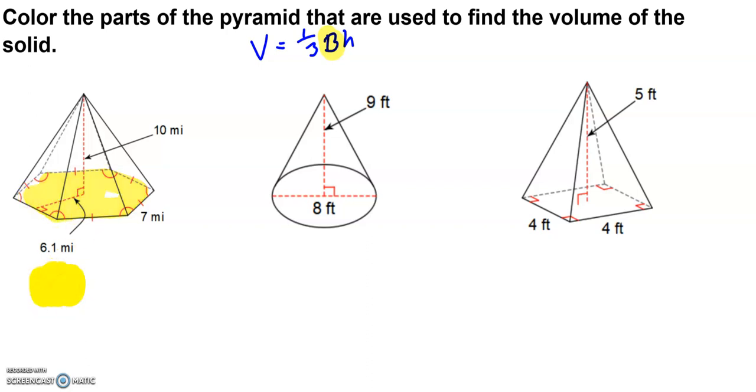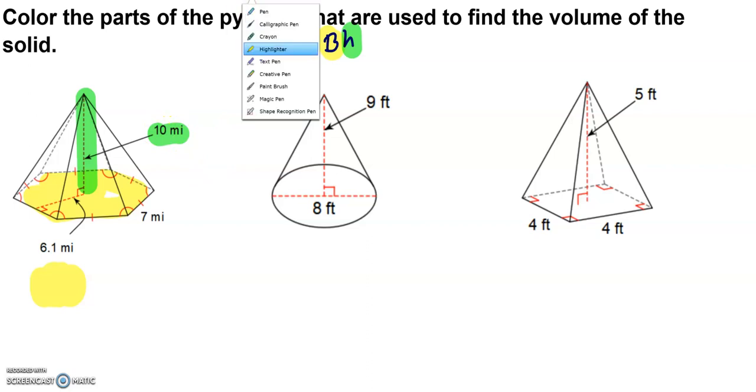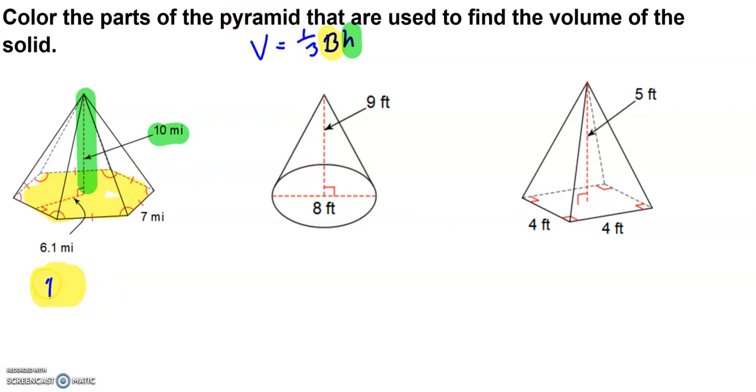There's my big B. And then the height of the pyramid is the distance between the apex and the base. Little h is real easy to find. It is a measurement, but remember, capital B is something that we are going to figure out.